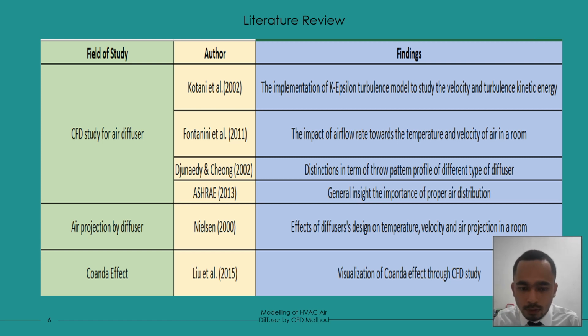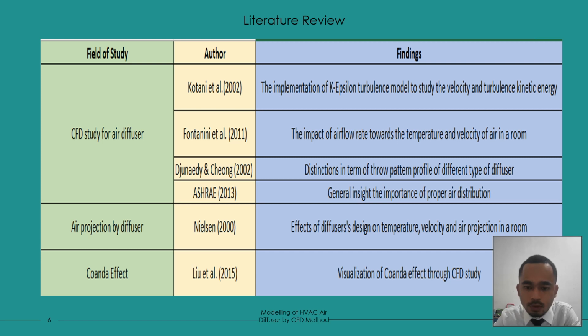So let's focus on my findings. First one is implementation of K epsilon turbulence model. This turbulence model is important for my research because it will be applied when running the simulation for the CFD study. Next one is impact of airflow rate towards the temperature and velocity.